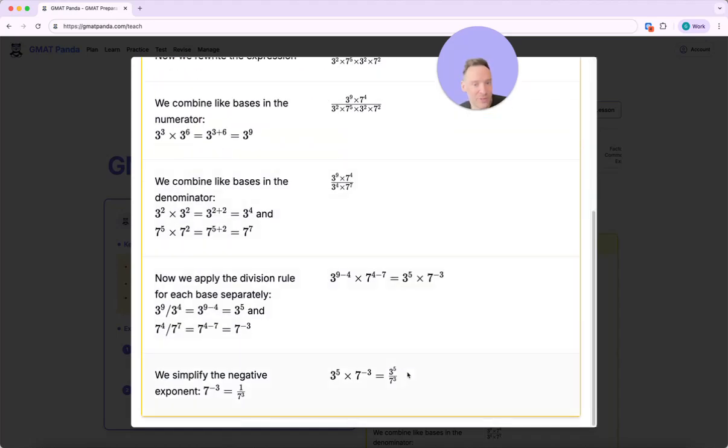And that 7 to the power of minus 3 can be written as 7 to the power of 3 at the bottom. So this example is very important for understanding how we juggle between different bases of exponents in different parts of the fraction, and how we simplify the whole thing to get to one fraction at the end with just 2 bases, in this case of 3s and 7s.